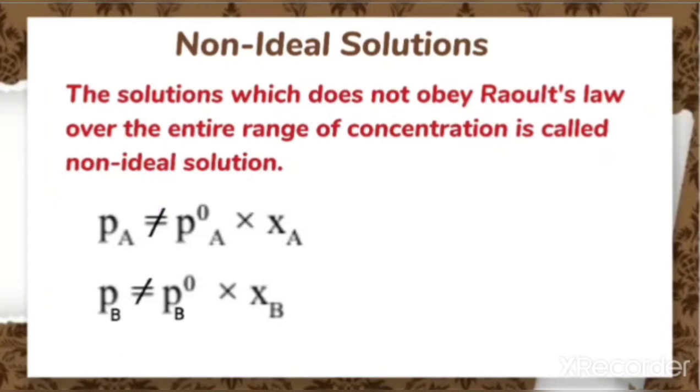The vapor pressure of such a solution is either higher or lower than that predicted by Raoult's law. So what do we actually predict by Raoult's law? The vapor pressure may be higher or lower than the predicted value, so it will not be exactly equal to this product.